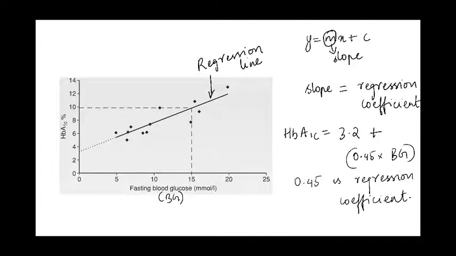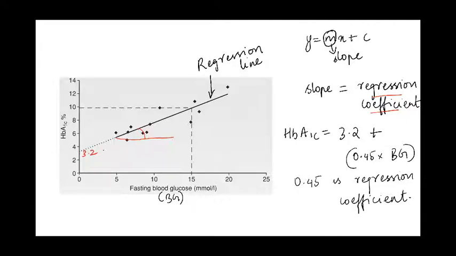Where c is a constant, this value, x is the value of blood glucose here, y is HbA1c, and m is the slope, which will determine this. This is m, the slope. So the slope is called the regression coefficient. Here in this, we can see that this constant is 3.2.